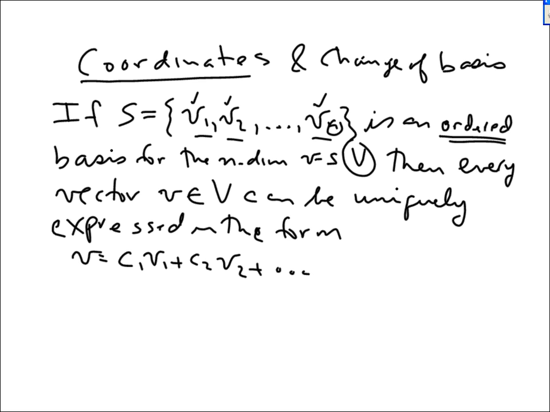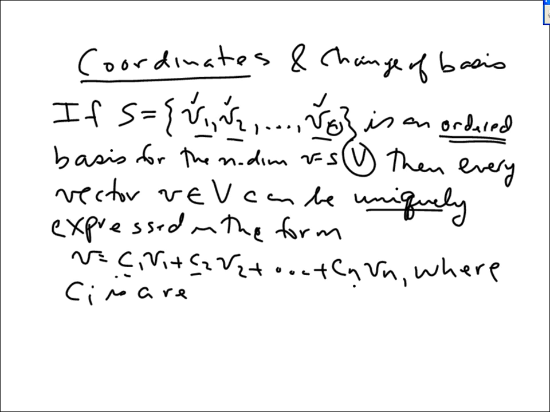Now this is true even if the basis is not ordered. We actually prove the uniqueness of the linear combination, where c1, c2 up to cn, where ci is a real number for i equal 1, 2, up to n.